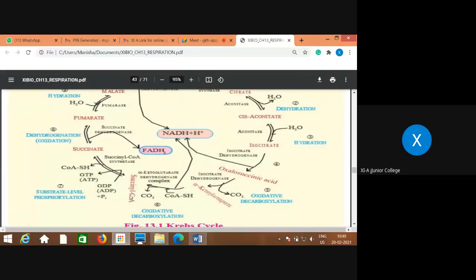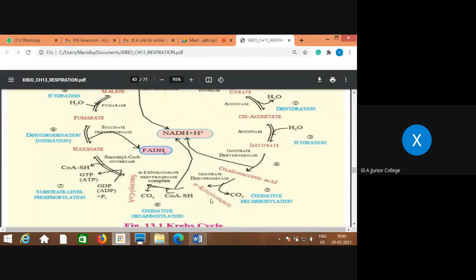The 4-carbon compound, and the coenzyme ASH which is present in the matrix gets attached to this, so forms succinyl coenzyme A. So you remember from here, this is the step where the first NADH2 is produced. Here is the step where the second NADH2 is produced.